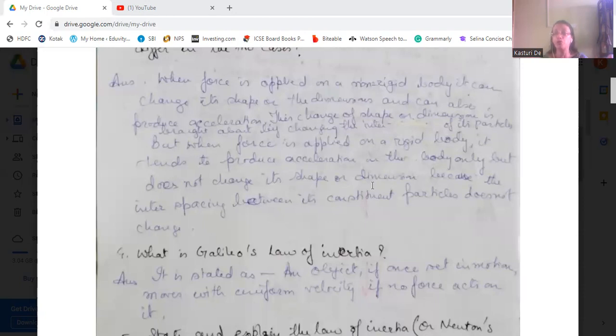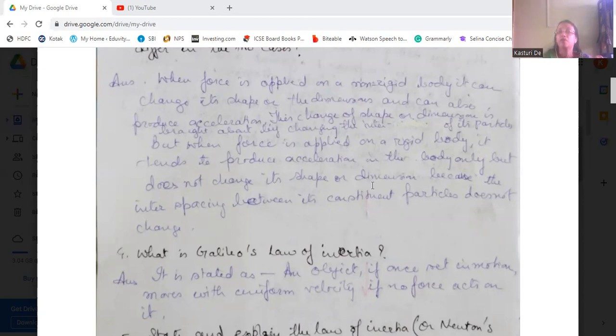You can produce acceleration in it like that. This change of shape or dimension is brought about by changing the intercellular spaces, which are intermolecular spaces present in the particles.